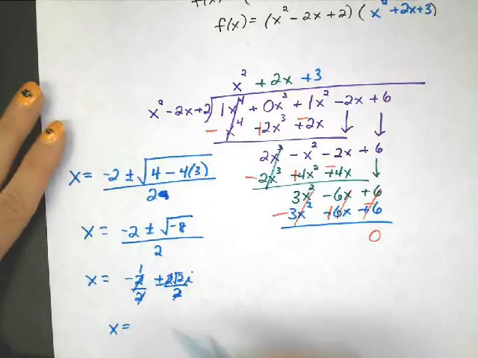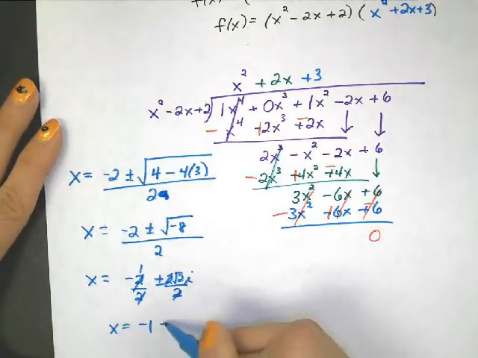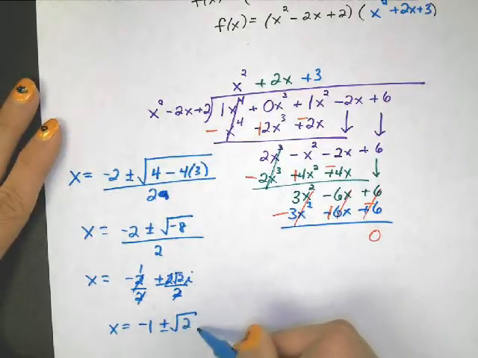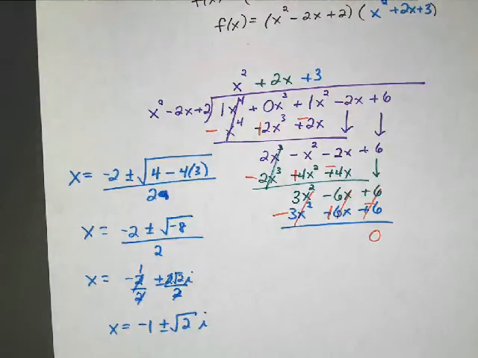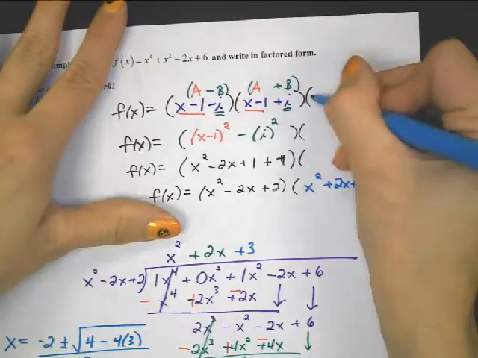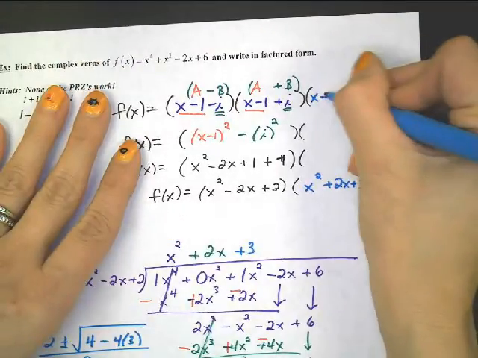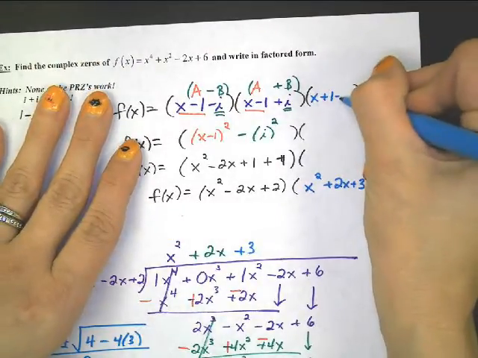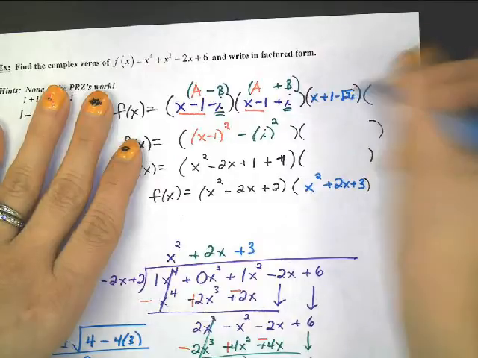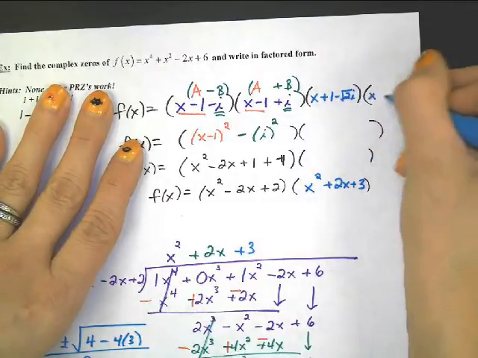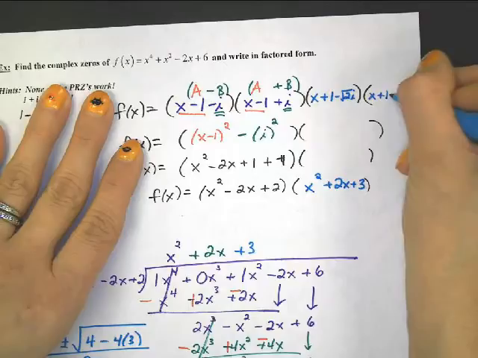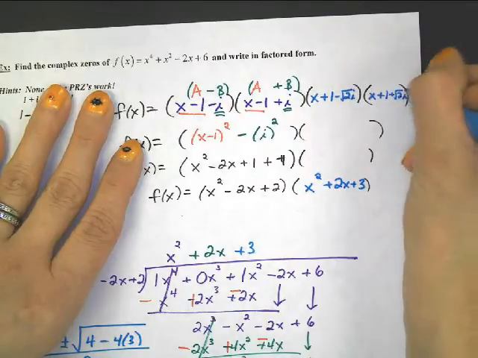So x equals negative 1 plus or minus radical 2 i. Look at that. So if we go all the way back up to the beginning, it's x plus 1 minus radical 2 i, and x plus 1 plus radical 2 i.